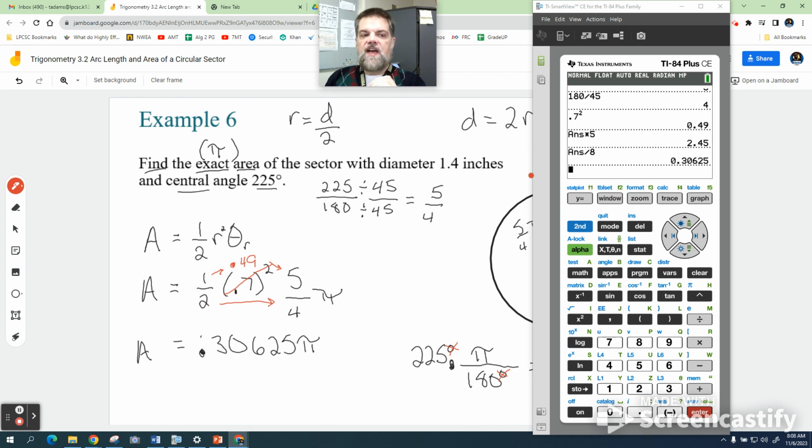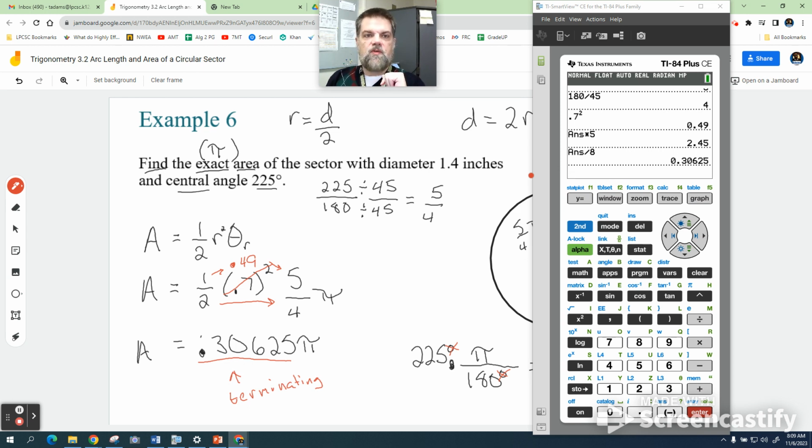So an exact value, the reason it's an exact value is for two reasons. One, this is what we call terminating. That means that the decimal doesn't go on forever. So we can use it. That's a number. It's a real number.